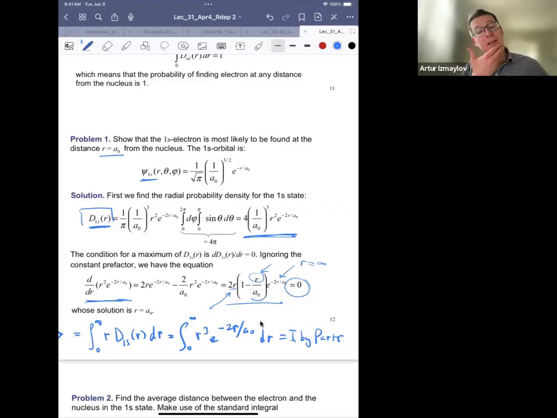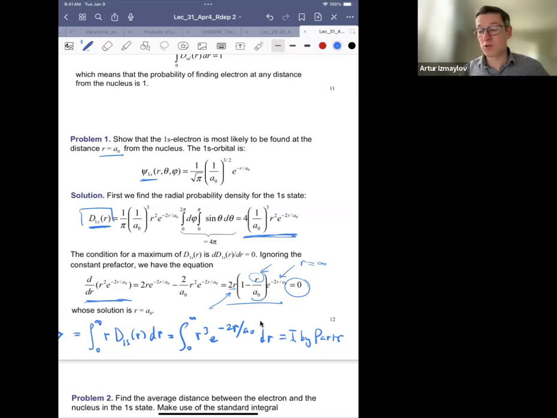You could check that. How do you check that? You could either look at the second derivative, or you could just plot the function, or not even plotting, but stepping aside from the point that you found, and see whether the function becomes smaller or is growing. If it's becoming smaller, then you're at the maximum.